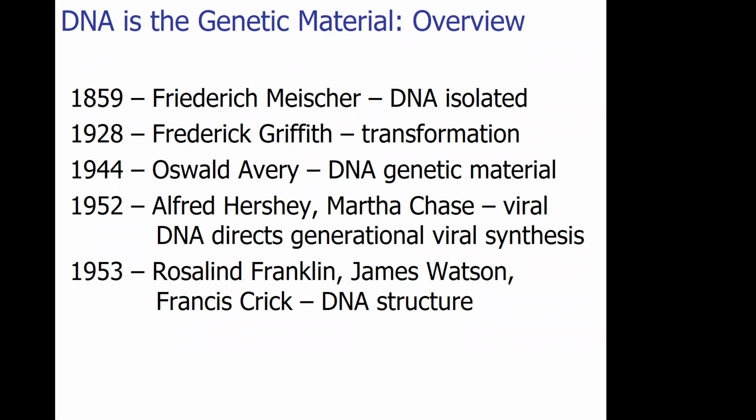So they had P32 labeled phage and S35 labeled phage, and they looked to see that the P32, which would be the radioactive DNA primarily, did enter the bacteria. But the most important conclusion was about the next generation of bacteriophage. The bacteriophage infects, right? And then it goes through the lytic cycle and out comes a whole bunch of new bacteriophage.